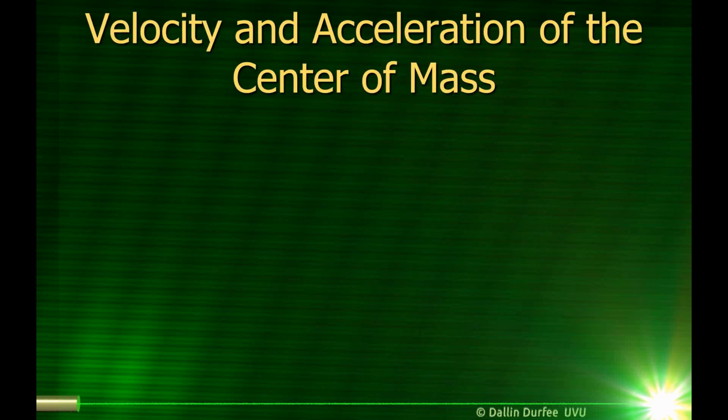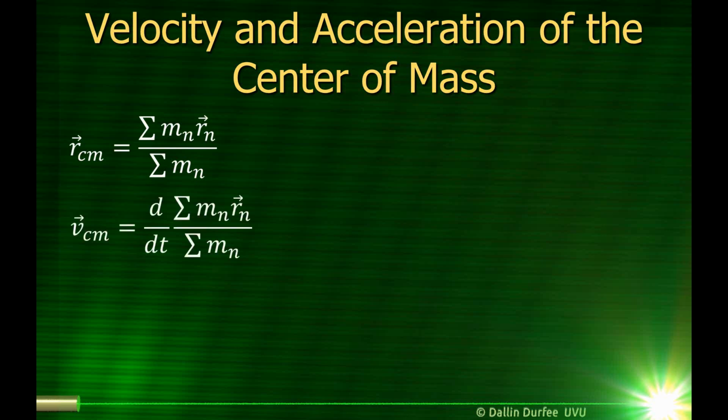Okay, so now we know about the center of mass position. How does the velocity of the center of mass change as particles move around? Well, this is our definition of the center of mass. To find the velocity of the center of mass, we just take the time derivative of that. And of course, the masses of each particle are constant, so we can bring the derivative in and say this is just the sum of each mass times velocity rather than radius.